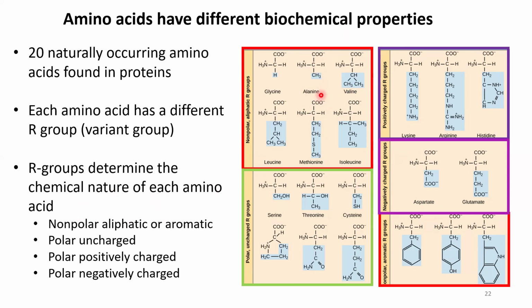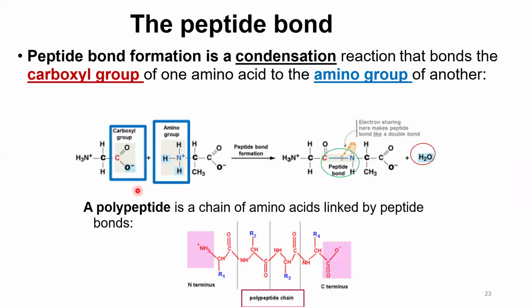Just keep in mind that some of them can be nonpolar, some can be polar, others are like nonpolar, negatively charged, positively charged. Knowing the main groups of these amino acids is helpful in understanding what properties exist for them.